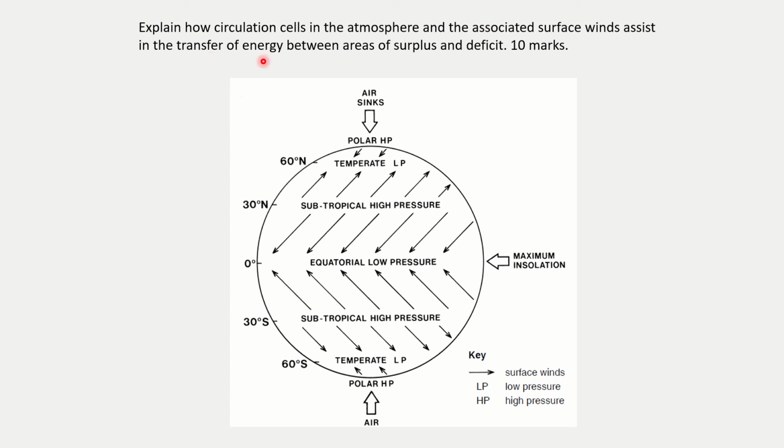All this means is: how does the circulation cell move energy from areas where there's too much energy at the equator or at the equatorial low, to areas of deficit, areas where there is more long wave and less short wave radiation, such as at the poles? And if you've not got any memory of seeing these terms before, make sure you've actually watched the first 3 videos referring to heat budget and energy balance.